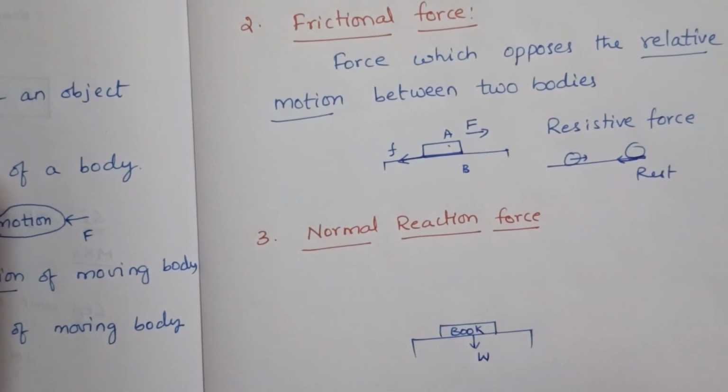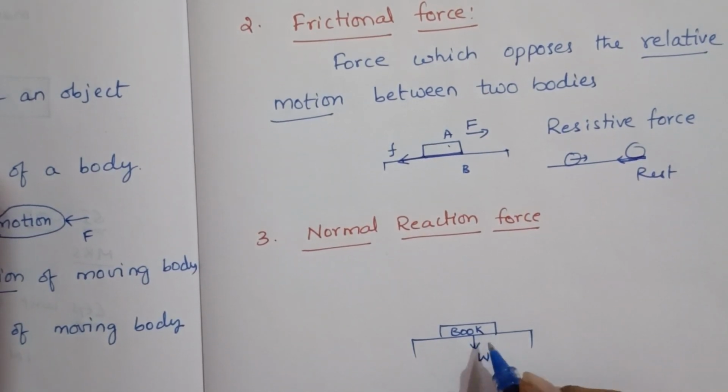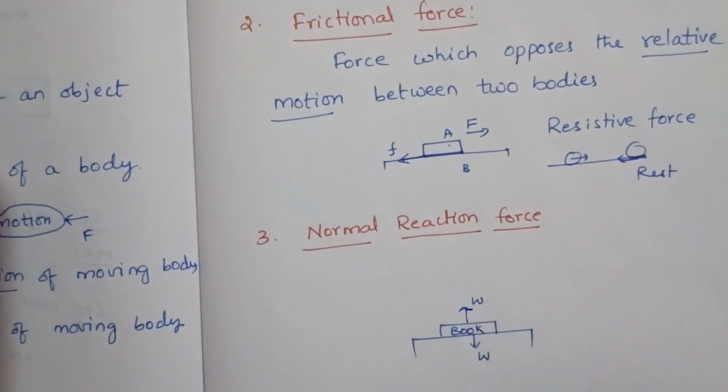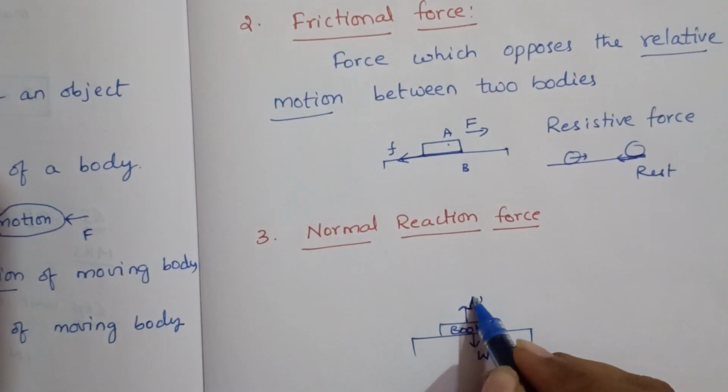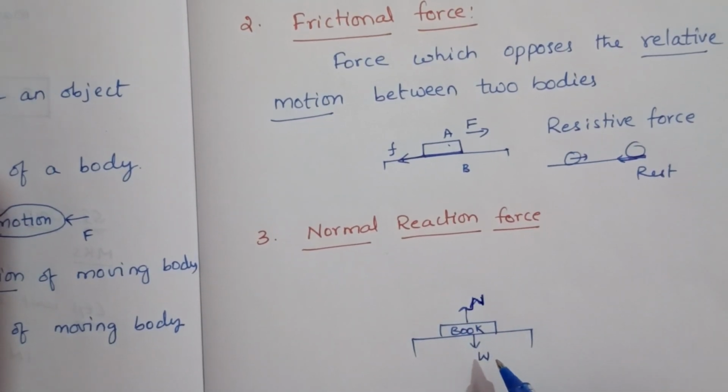Weight is a force. The book should come down, but it is not coming. So an opposing force applied by the table on the book in the opposite direction is known as normal force or normal reaction force.